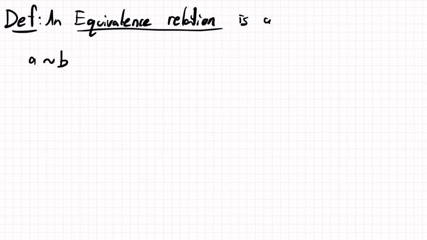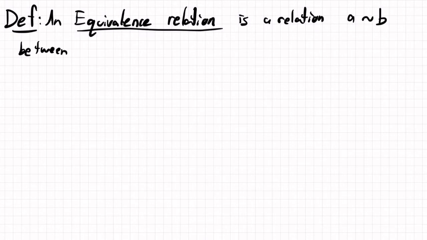What's a good formal way of writing this? I guess we'll call it a relation between the elements, A equivalent to B. You can think of this as some sort of Boolean function.